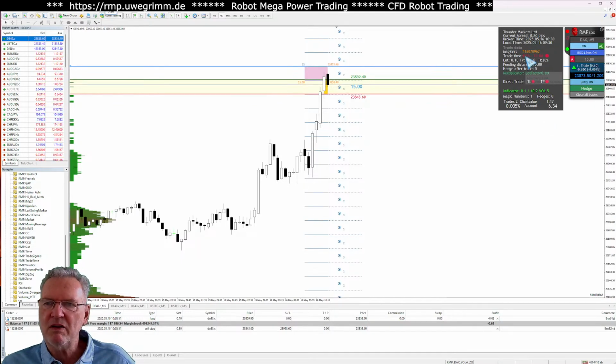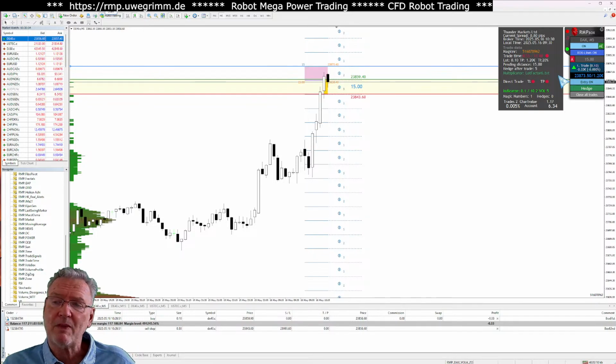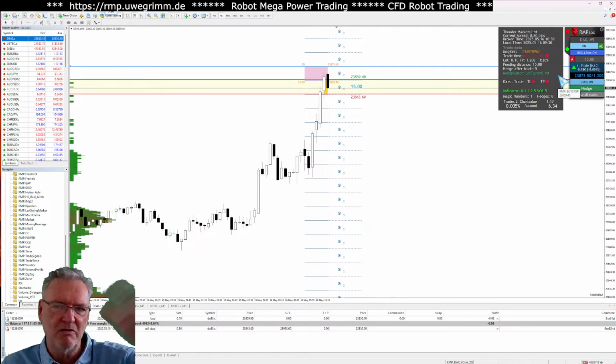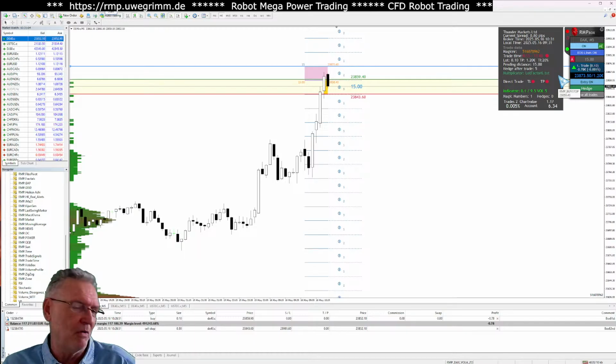We can also have the robot turn on automatically, of course. We have to run the MetaTrader or run it on a VPS server, a virtual private server somewhere on the internet, maybe near London, where our broker is or most of the brokers, or wherever your broker is.